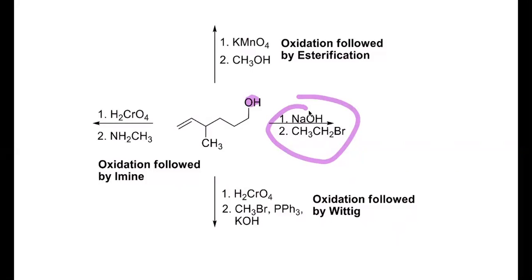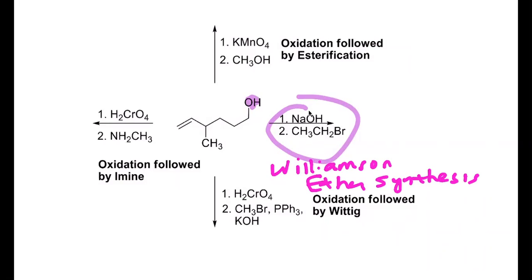What do you think happens when I do that? So this is a Williamson ether synthesis. Right? You have an alcohol, you react it with a base, and then an alkyl halide, and then you actually end up with an ether.